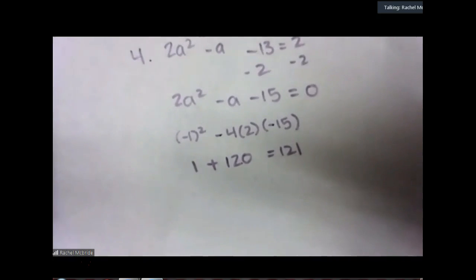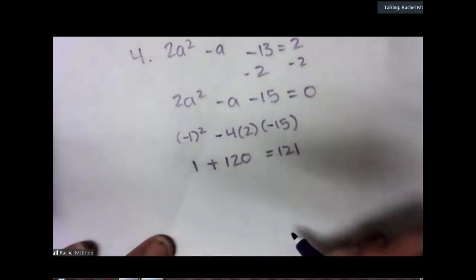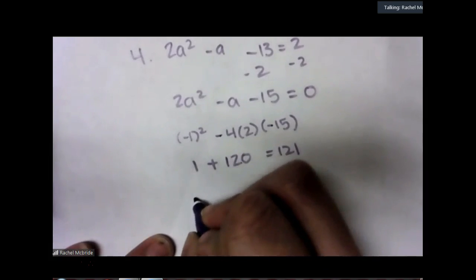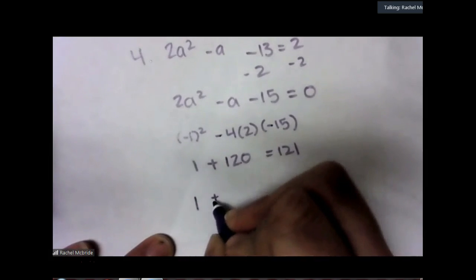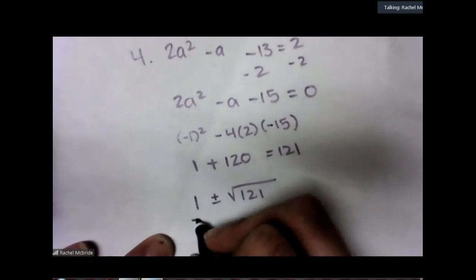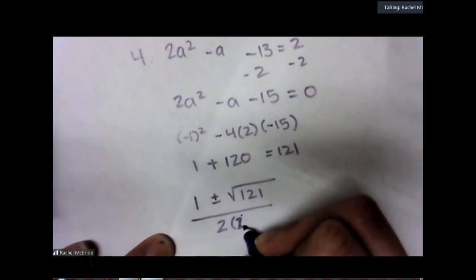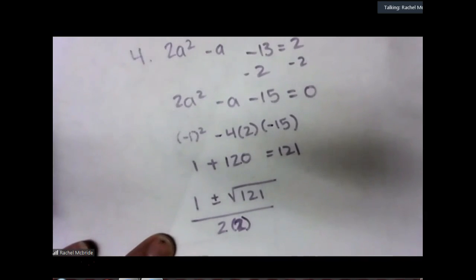So then in the quadratic formula, we now say, okay, negative b, so b is negative 1. So negative b is positive 1, plus or minus the square root of 121, all over 2 times a, which is 2.